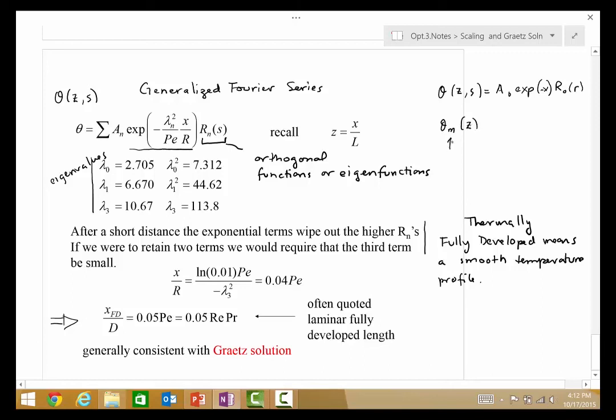So the mean temperature, sometimes called the bulk temperature, so this is a bulk excess temperature, is only a function of z. So if I have a profile where theta of z and s divided by theta m of z is not dependent on z, then I know that this thing is fully developed.